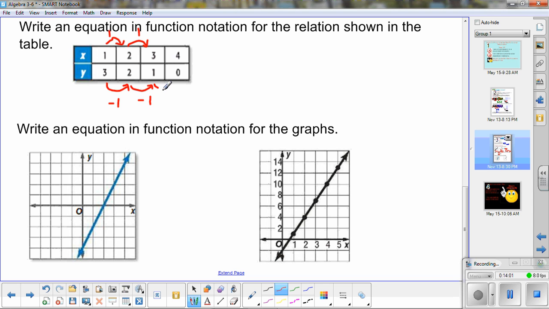Remember, rate of change is the change in the y's over the change in the x's. So in this particular problem, I can tell by looking at it, it's going to be a linear function because it's a constant rate of change, and that constant rate of change, or the slope in other words, is -1.